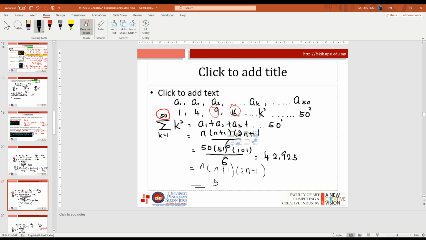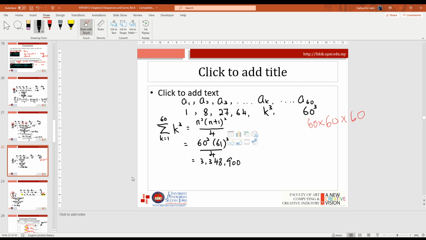You get 50 multiplied by 51 multiplied by 101 divided by 6. And then you got 42,925. Okay, this one divided by 4.